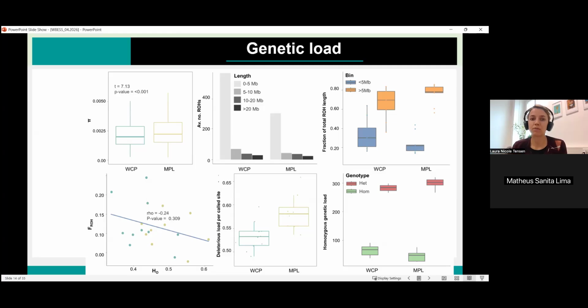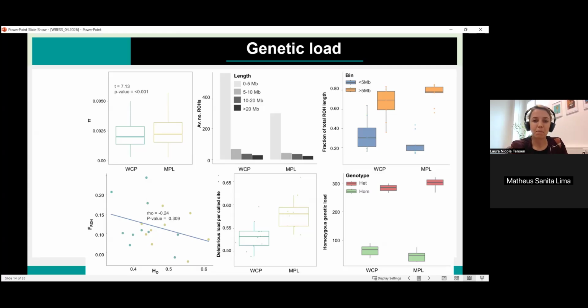So this is indicative of more recent inbreeding. We also found a correlation between FROH and HO. So HO is observed homozygosity, and FROH is the fraction of the total runs of homozygosity across your whole genome. So how much of your genome is covered in runs of homozygosity. So this is a negative correlation as predicted, but it was not tested to be significant.